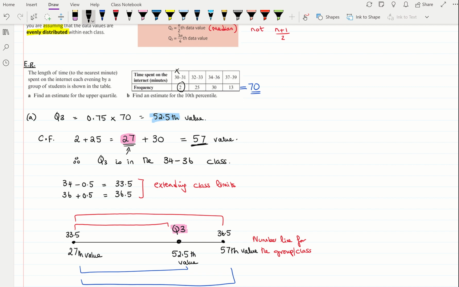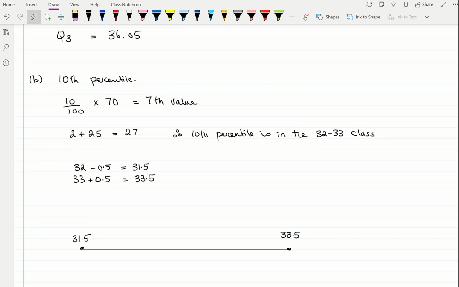Even though technically this is the third value to the 25th value, I'm going to take the limit from the class below, because there's overlap at 31.5. So I'm going to say that this is the second value, and 2 plus 25 is 27, so this is the last value. The 10th percentile, P10, is somewhere there, and we've already decided that it's the 7th value. So this is the 27th value, and this is the second value.